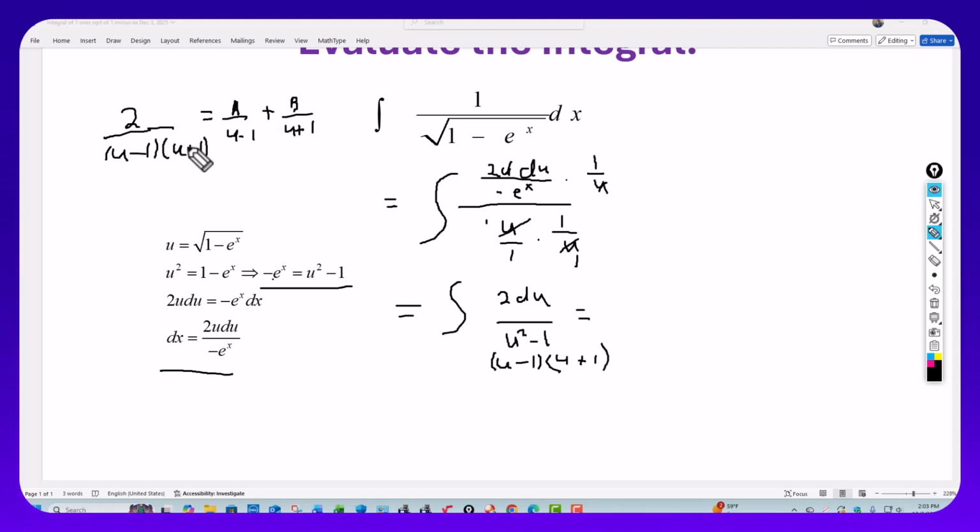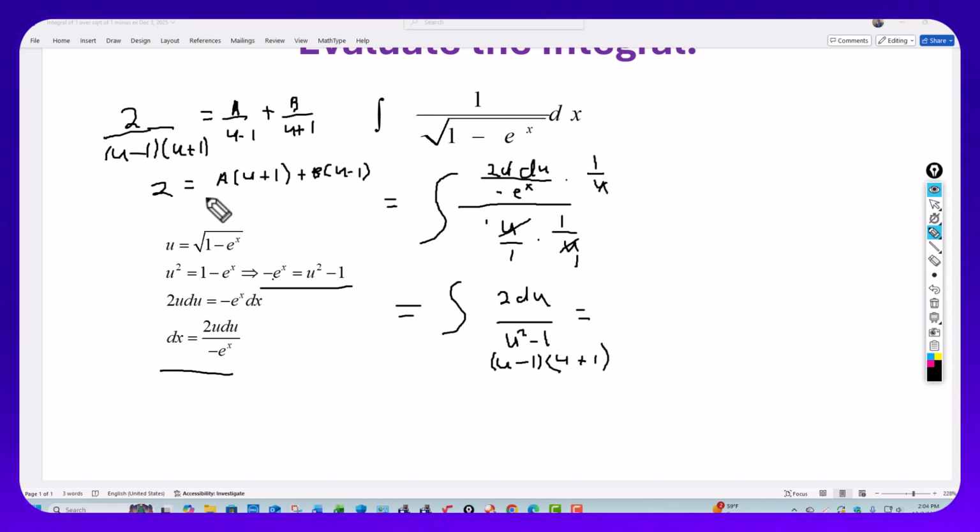This one's pretty straightforward, so we can just clear the fractions and multiply by the LCD here, u minus 1, u plus 1. On the left side, everything cancels out. For this one here, the u minus 1 cancels out, so we're left with the u plus 1. For the next one, the u plus 1 cancels out, and the b then would multiply the u minus 1.